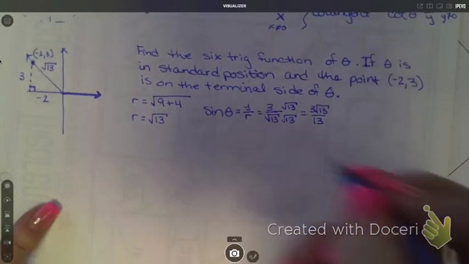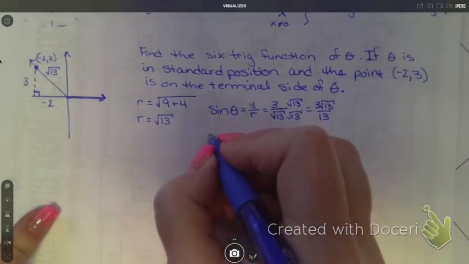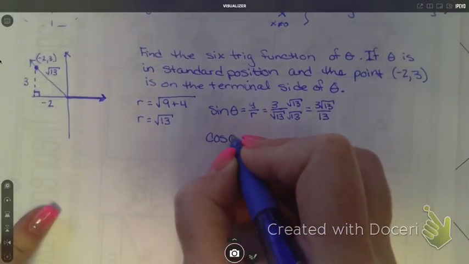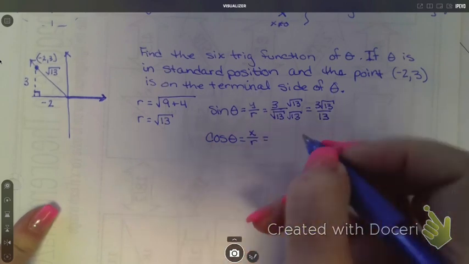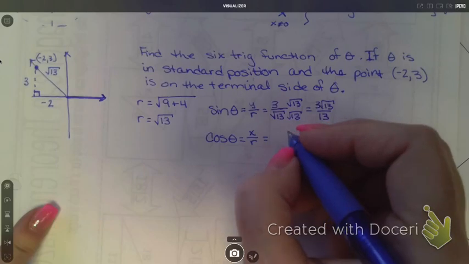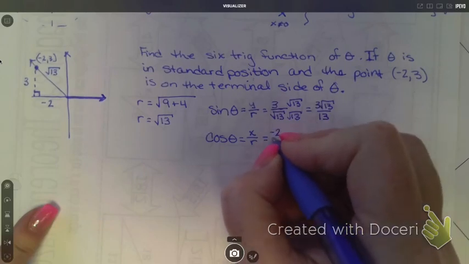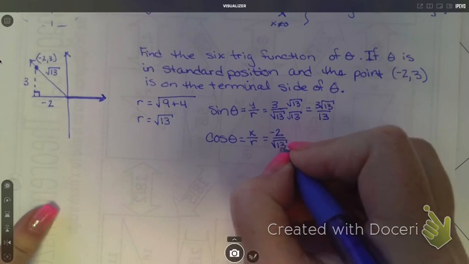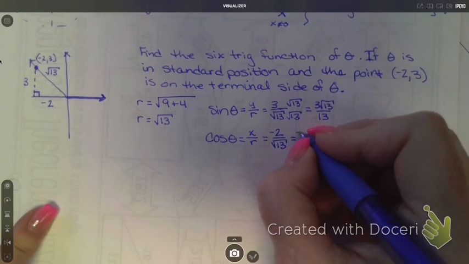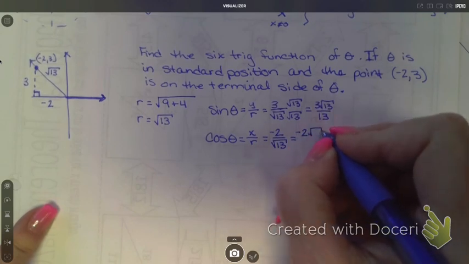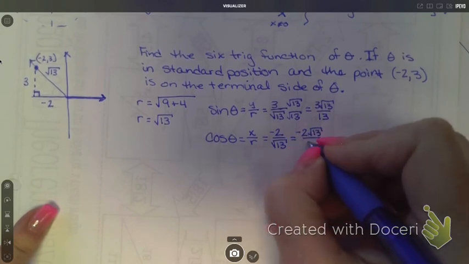Okay, cosine is x over r, so it is -2 over the square root of 13. So -2 square root of 13 over 13.